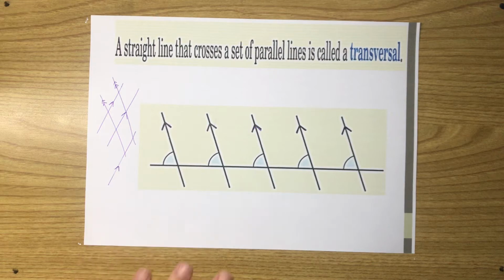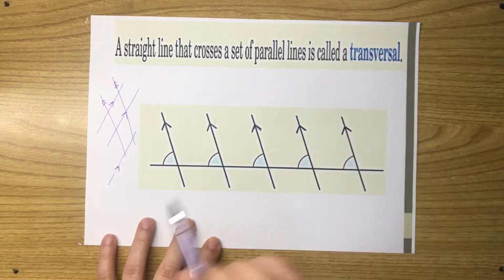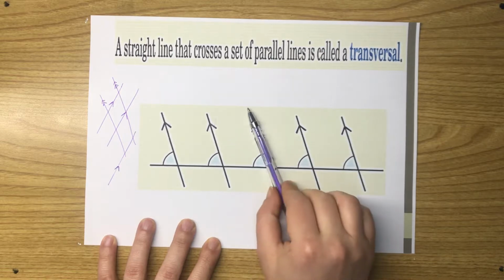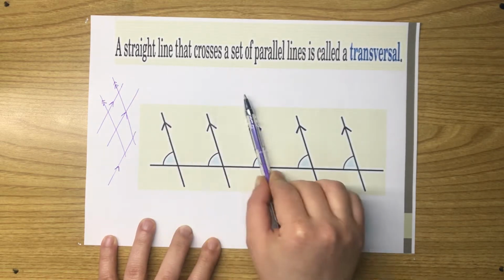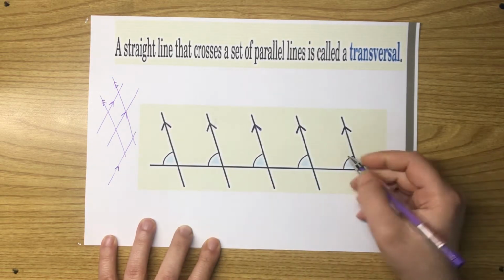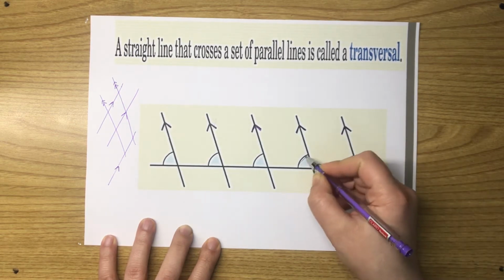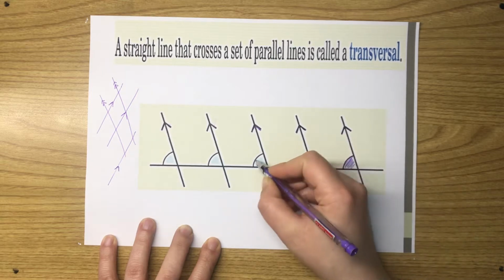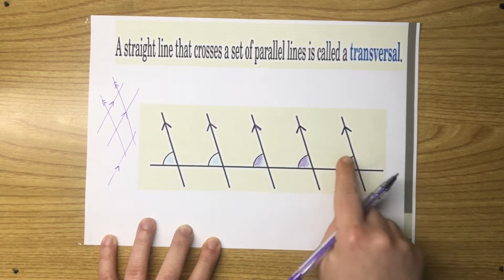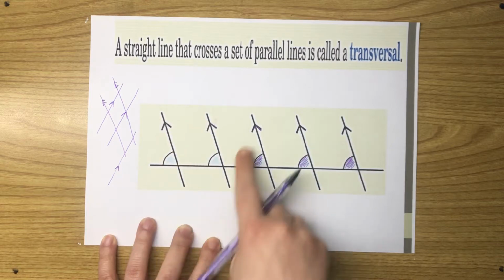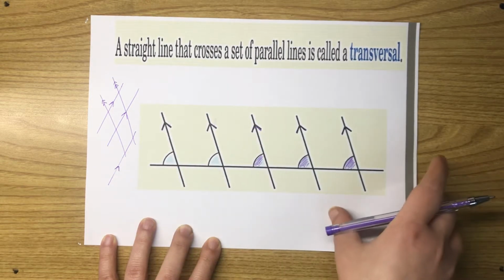Again, what is a transversal line? A transversal line is a line that crosses a set of parallel lines. Look at these shaded angles. Our lesson is about the relationship between these angles when a transversal line crosses these sets of parallel lines.